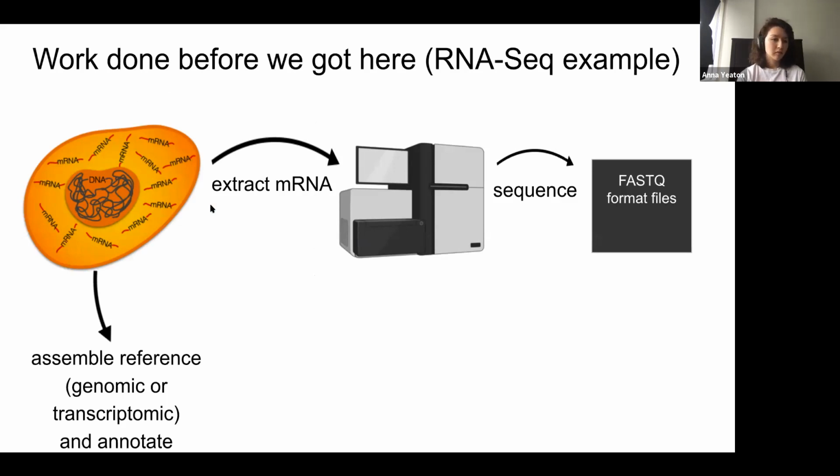And then on the bench, someone has extracted mRNA or whatever you're going to sequence, and then that is sequenced, and you get your output FASTQ format files. And those FASTQ format files are what you worked with Lisa last week.